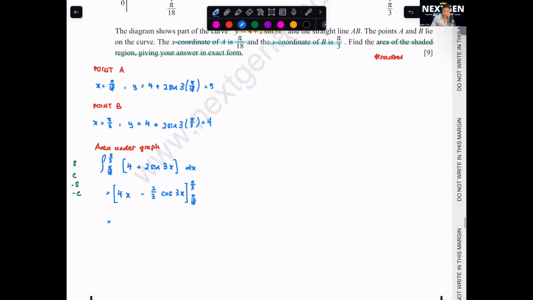Okay, substitute in the values. So here it will become 4 times pi over 3 minus 2 over 3 cos 3 times pi over 3, minus 4 times pi over 18 minus 2 over 3 cos 3 times pi over 18.